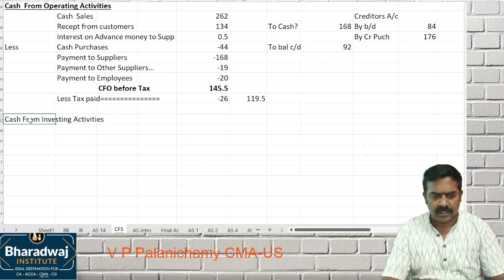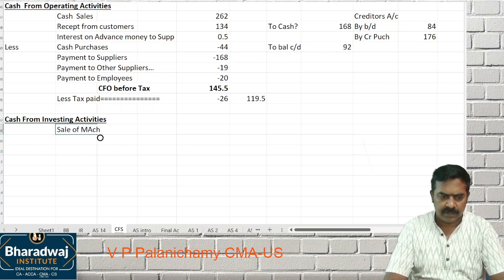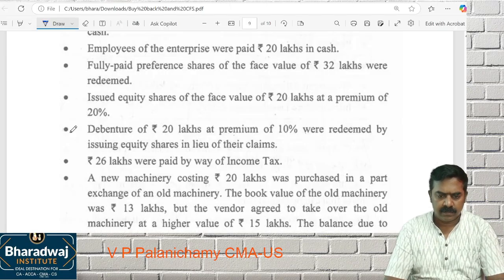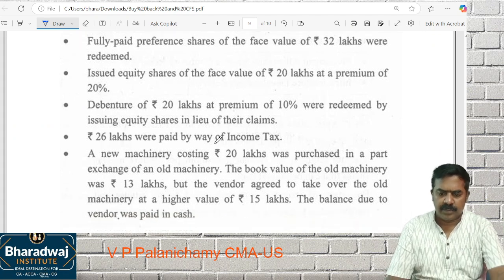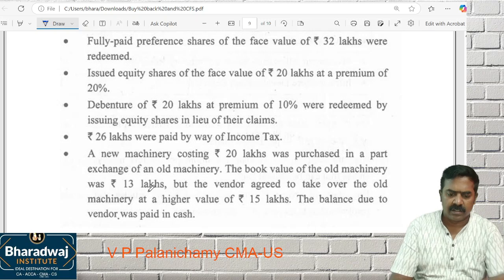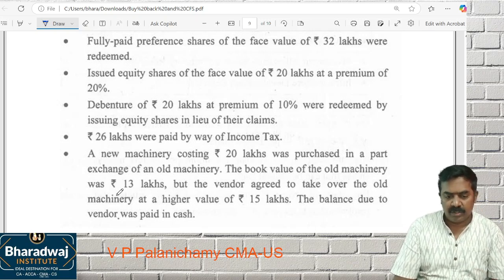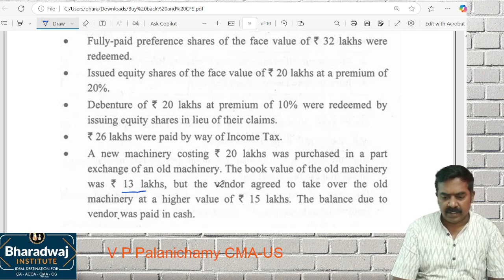Tell me what the investing activities in this question are. Sale of machine. New machinery of 20 lakhs was purchased, and in part exchange the old machinery was given. Book value of the old machinery exchanged was 13 lakhs.